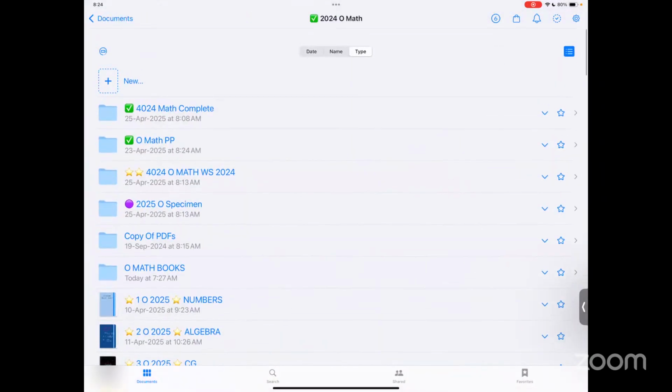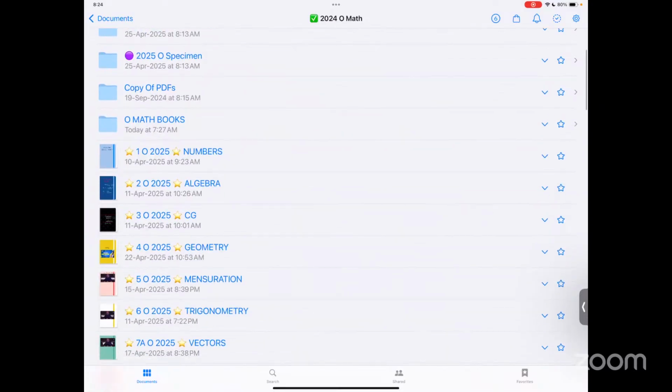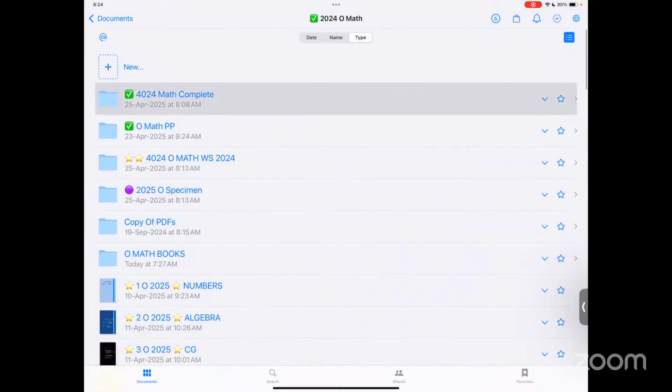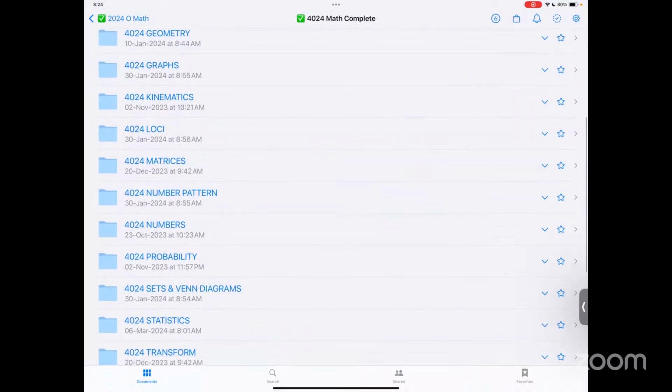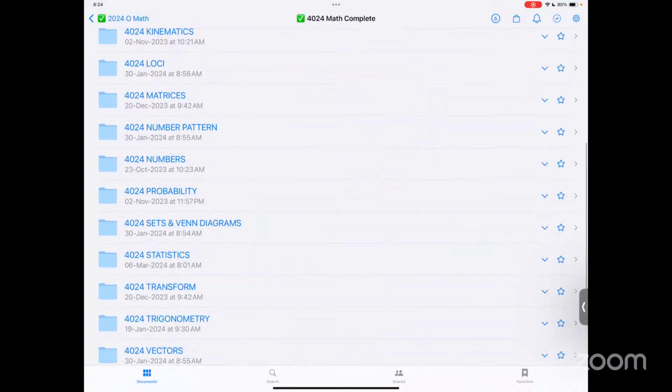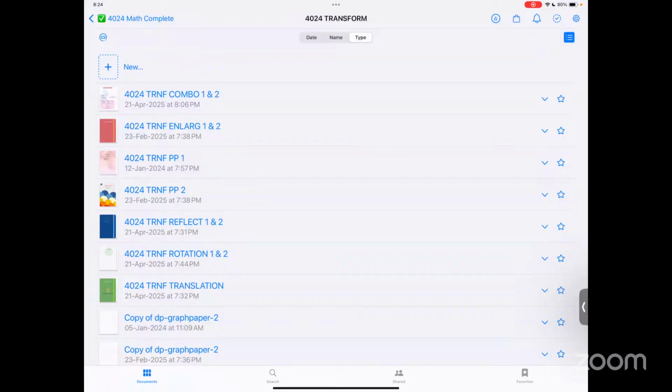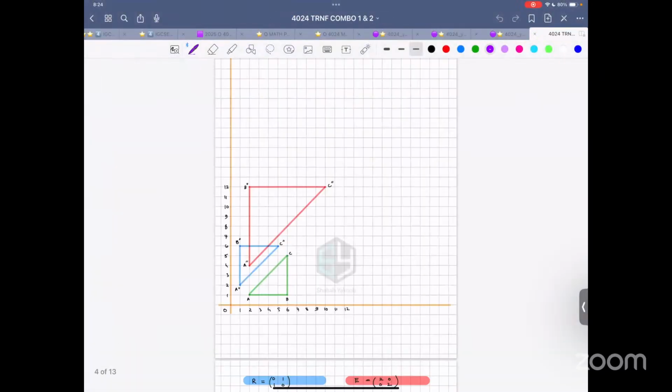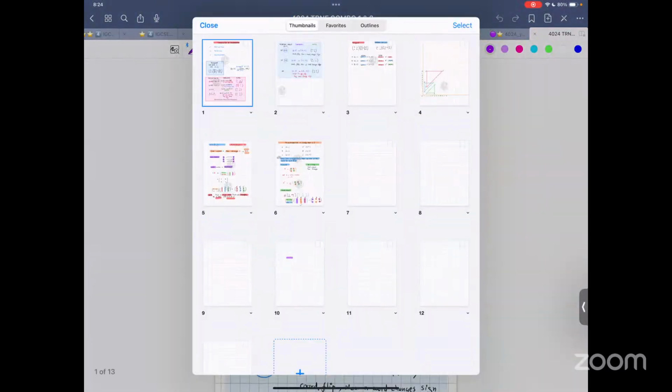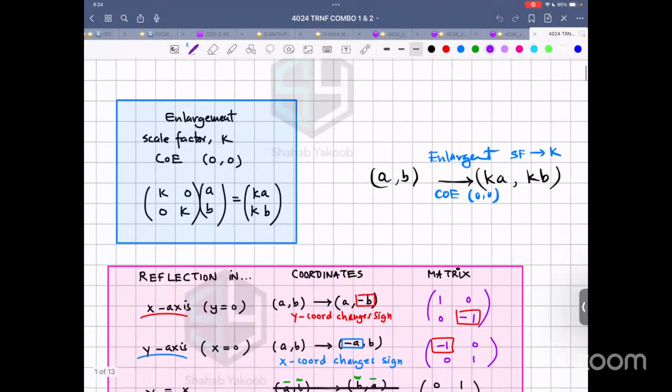So now let me also show you something which is about the other things that were done. So now that is the complete thing. And then we have this thing, which is transformation and combination of transformation. So now make sure that you're well aware of it.